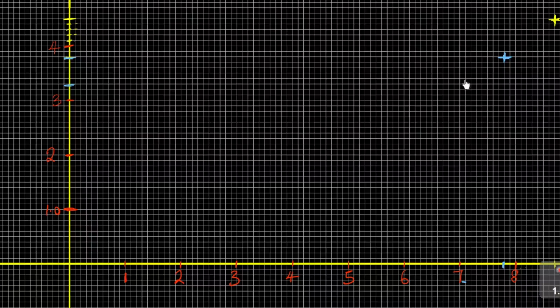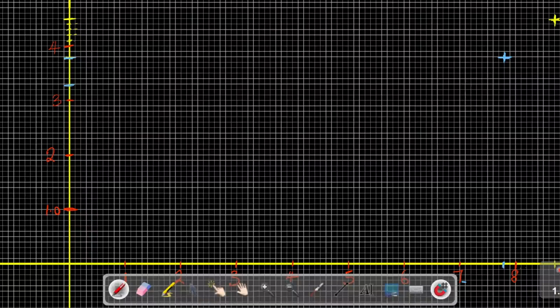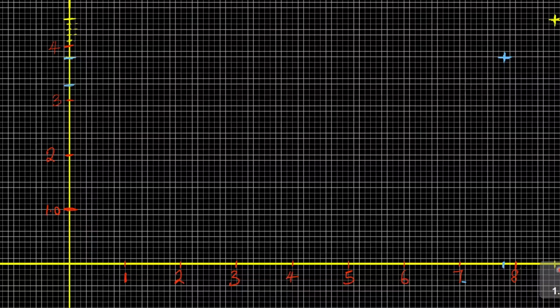Oh God, I didn't pick my marker. All right, so this is 7, 7 is here. So I would prefer to plot it at 7. So I'm plotting it here. I'm plotting it there, okay?